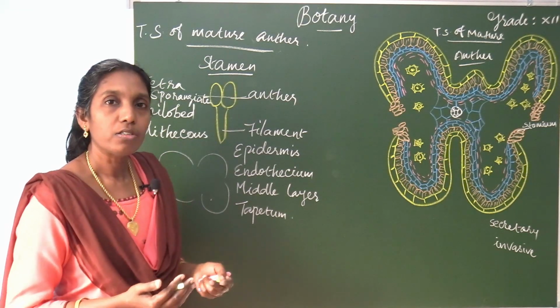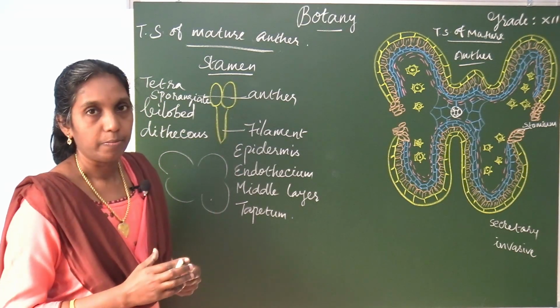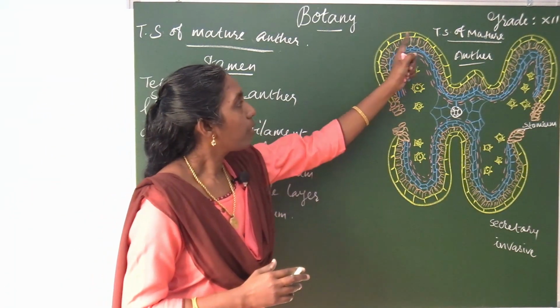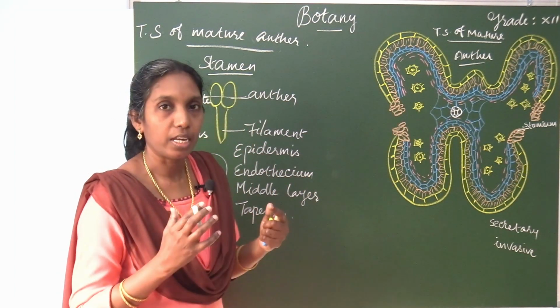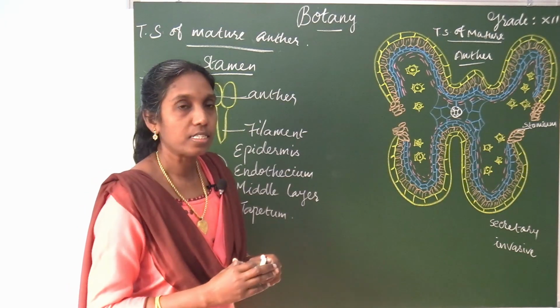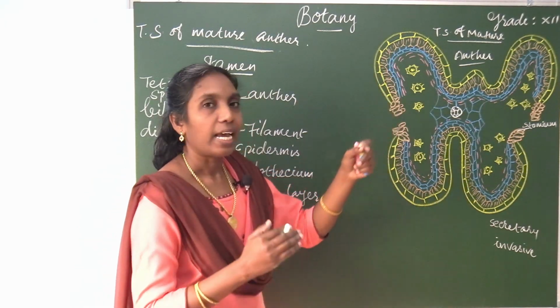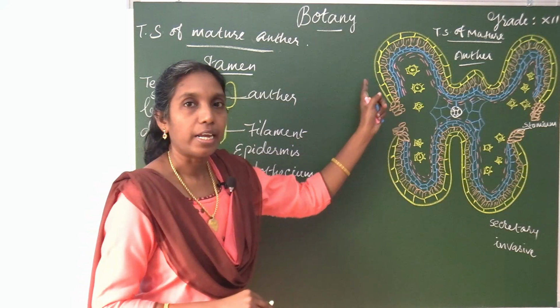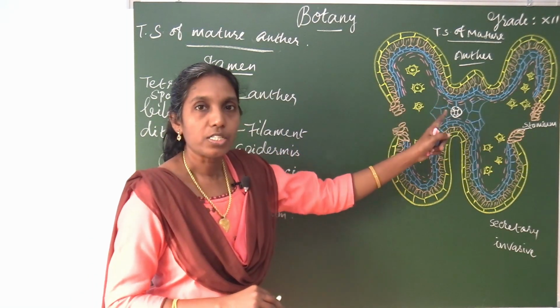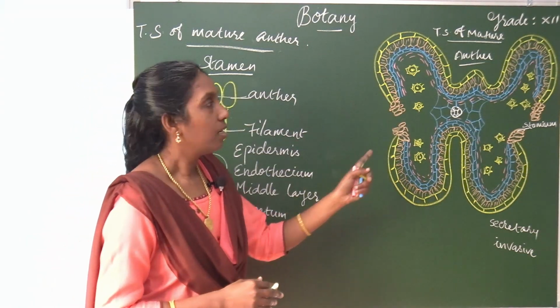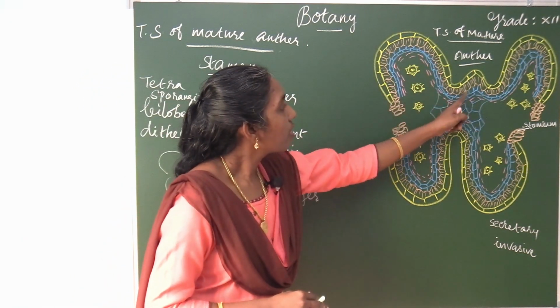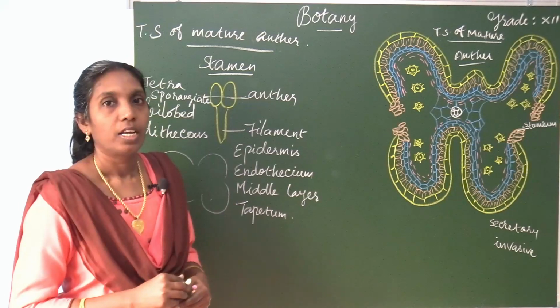The layer of endothecium is elongated. The epidermis is made up of a single layer, and endothecium is also made up of a single layer of elongated cells. The tangential walls of this endothecium consist of alpha cellulose. There is a thickening present in this endothecium.